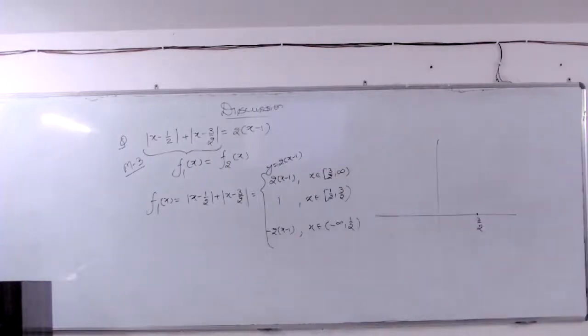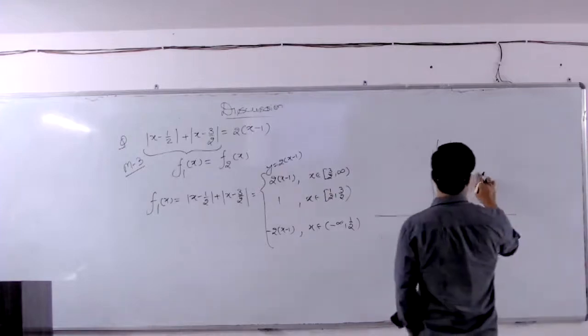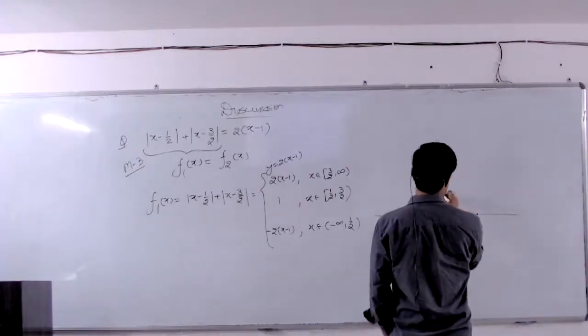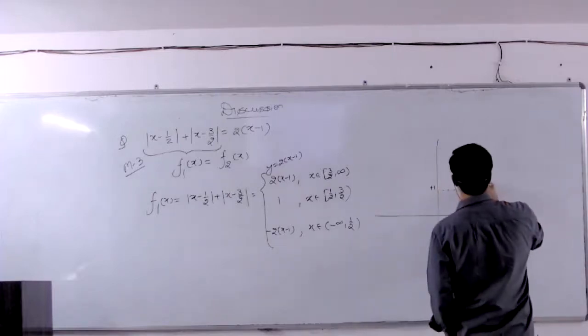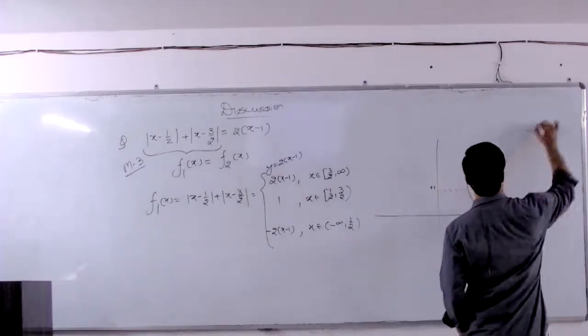So at 3 by 2, what is the value? 3 by 2 minus 1 is 1 by 2, into 2 is 1. Yes or no? So this value will be somewhere here. This is your plus 1. And after that, it will go like this.